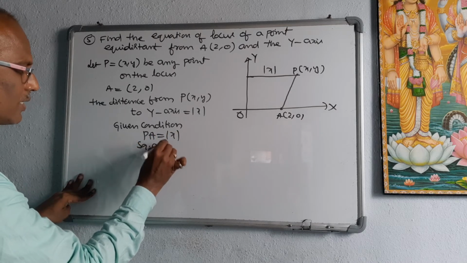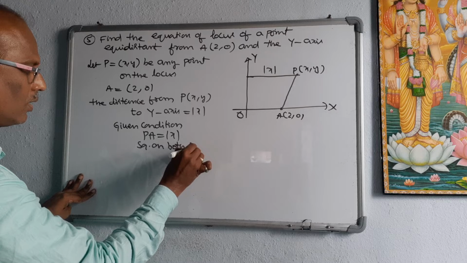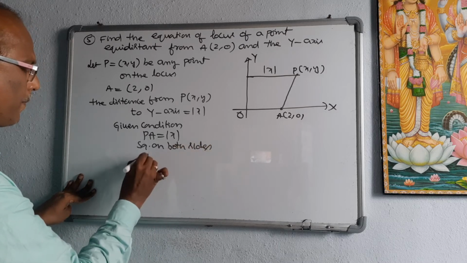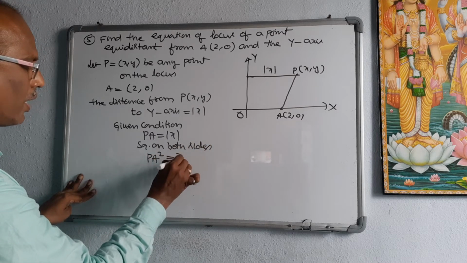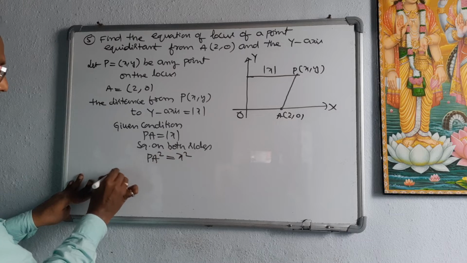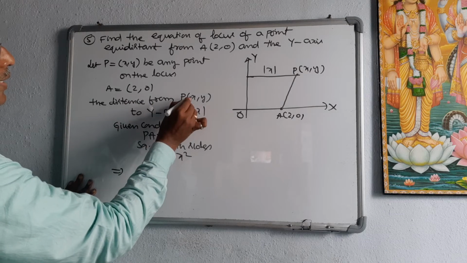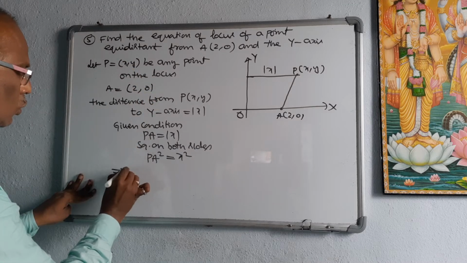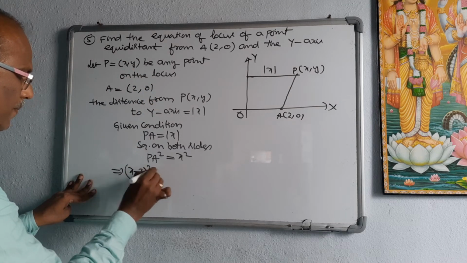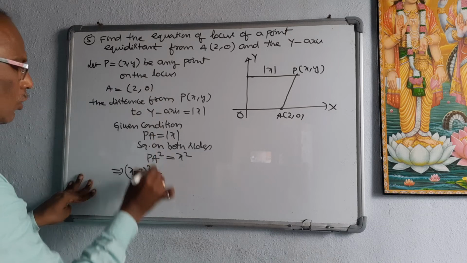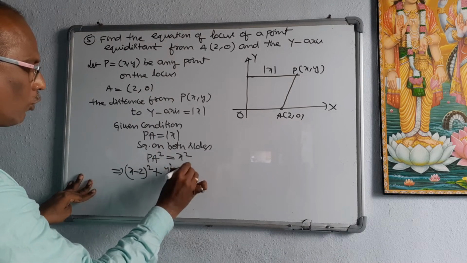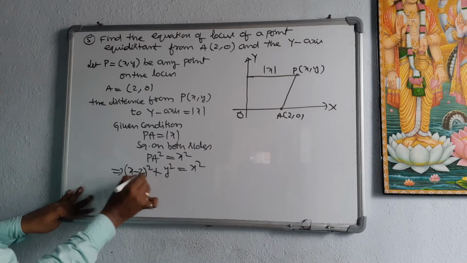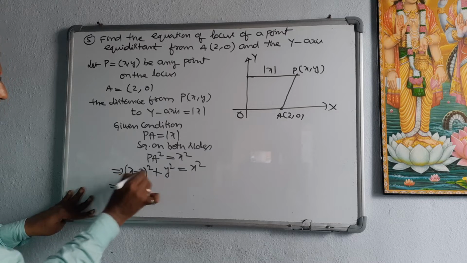Squaring on both sides. PA square equal to x square. PA square is x minus 2 whole square plus y minus 0 whole square, equal to x square. Expansion, a minus b whole square formula.